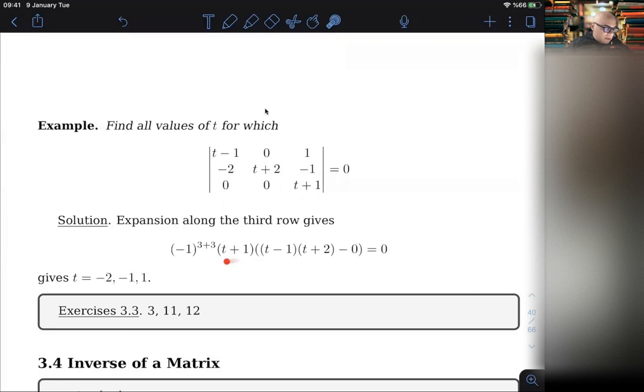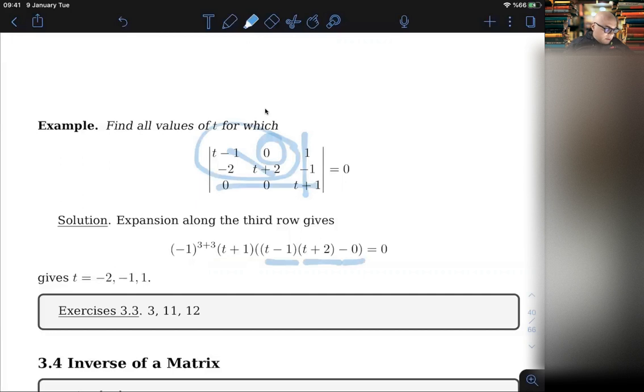And then I write its position as minus 1 to the power 3 plus 3, because this is in the third row and third column, times the determinant of the remaining matrix. So I erase this part and look at this determinant here. It is t minus 1 times t plus 2, minus 0 because there's 0 here.